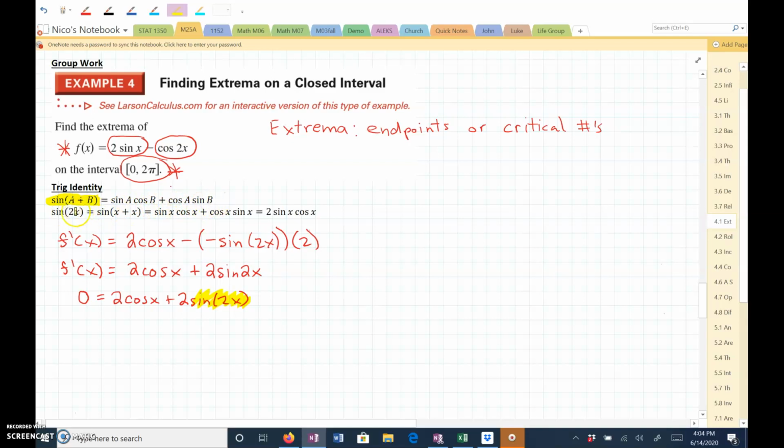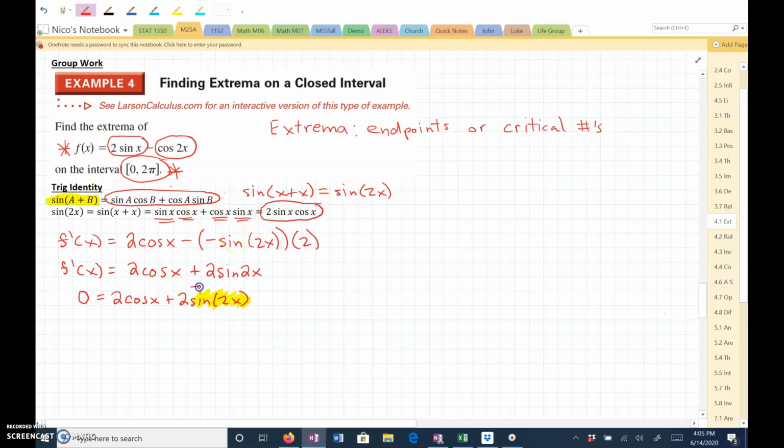Another way to think of this is sine of x plus x, which is equal to sine of 2x. If we apply this, we get sine of x cosine of x plus cosine of x sine of x, so this is 2 sine of x cosine of x.